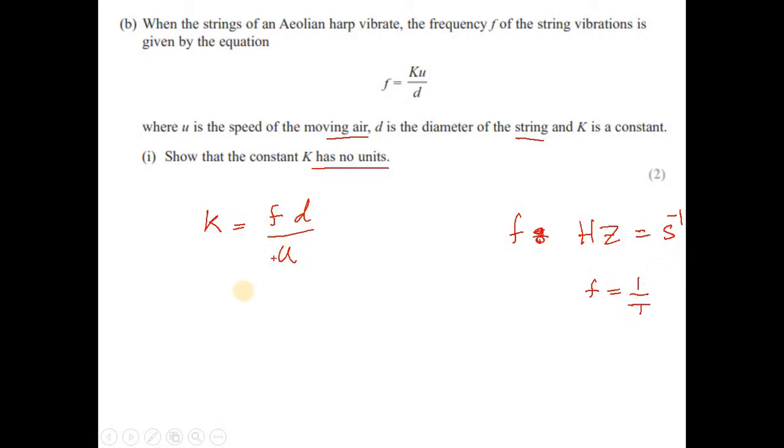So f, the frequency, has a unit of second inverse, and d is the diameter, so unit is meter. u is speed, so meter second inverse. So now you can see that meter gets cancelled, s inverse gets cancelled, so k has no unit.